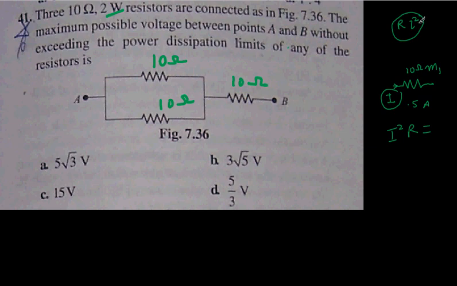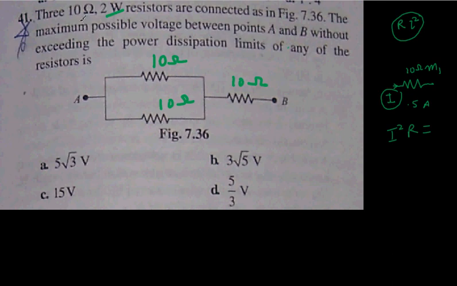Because if you go beyond that, it will generate I square R energy and that material will get burned out. I is very important for any given specification, for any resistor or any electrical device, and directly or indirectly you will find I given in questions. Here indirectly I is given. I will tell you how.